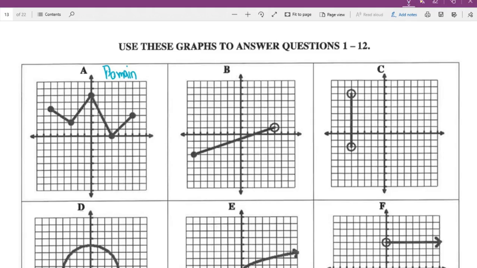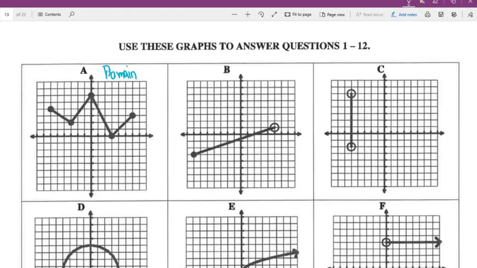So we figure out the domain by looking at the graph from left to right. I'll start at the origin, figure out the farthest left value, and go to the right.